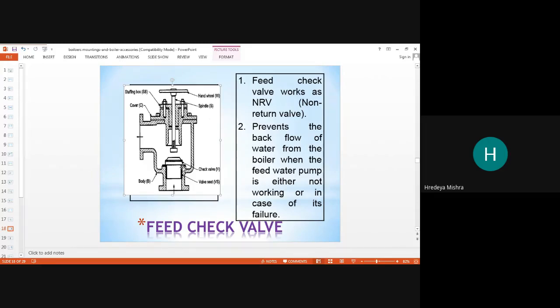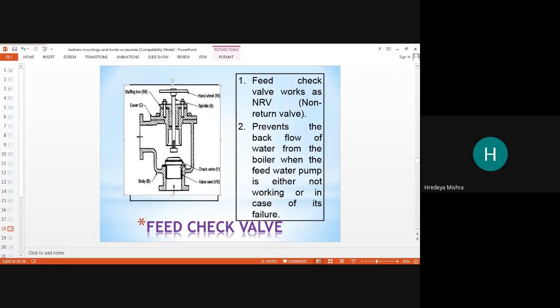It prevents the backflow of water from the boiler when the feed water pump is either not working or has failed.